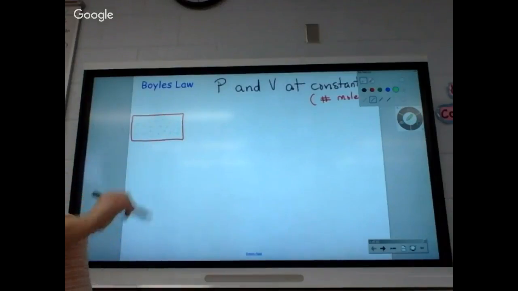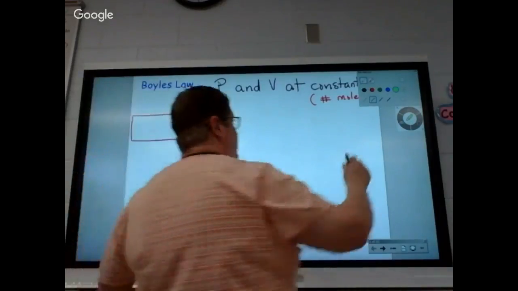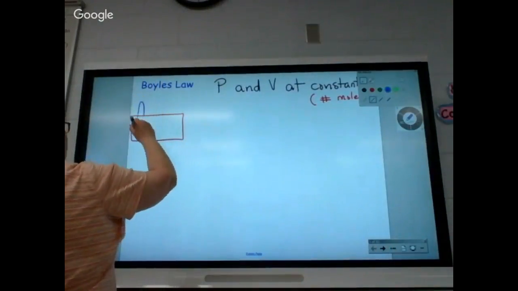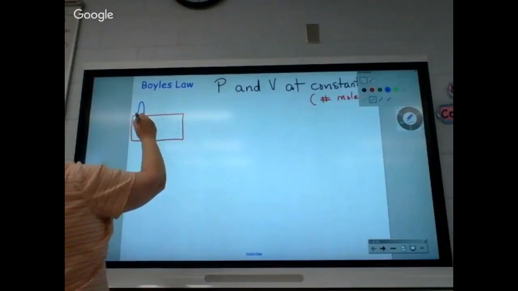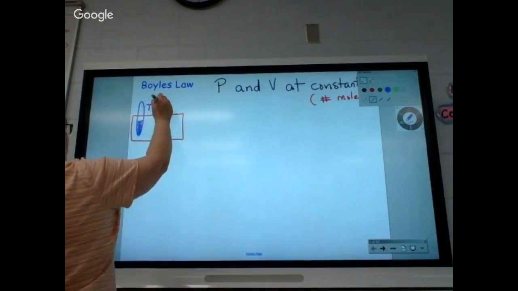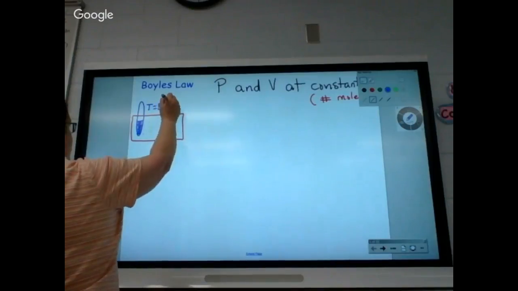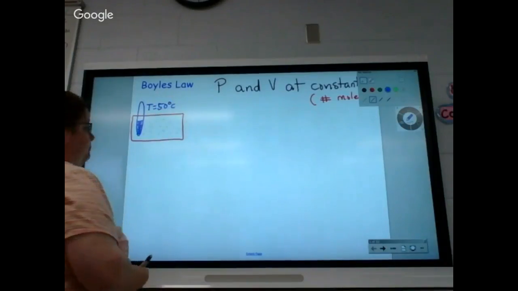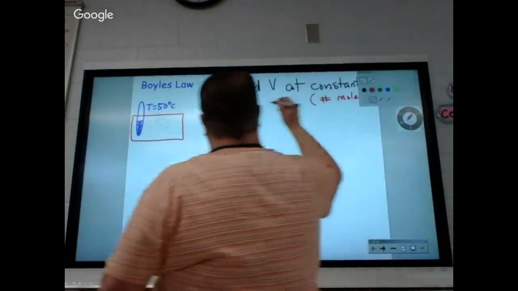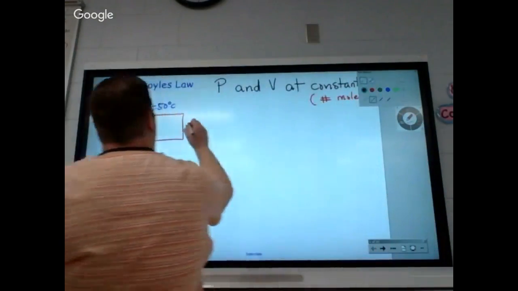No, I'm just drawing in some dots. How many is irrelevant. And y'all know that I can't draw, so my thermometers tend to look like ugly pickles here. We're just going to make the temperature 50 degrees Celsius for the purposes of our conversation here. Yeah, it is kind of ugly, but I can't fix it.